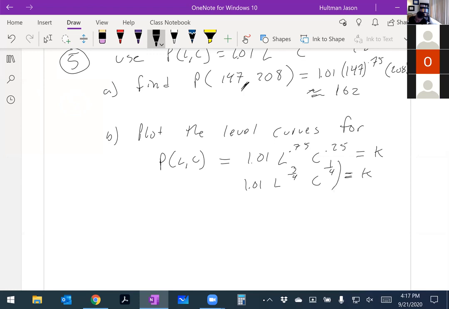So I'm going to raise this whole thing to the 4th power, and this whole thing to the 4th power. This is 1.01 to the 4th power. This is L to the 3rd power, C to the 1st power, I'm just going to leave it as C, is equal to K to the 4th power.